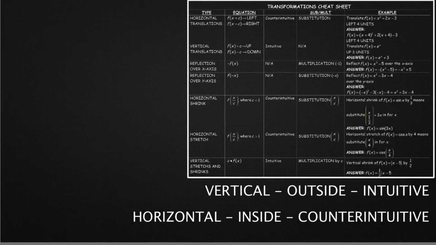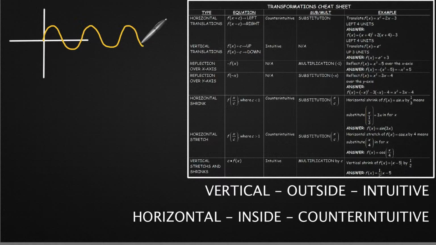Okay, these next transformations are probably the most difficult ones to memorize, and that is the horizontal shrink and stretch. So the best graph that we can probably use for this would be the sine and cosine graphs. So let's say I have a sine graph. Looks kind of like this.